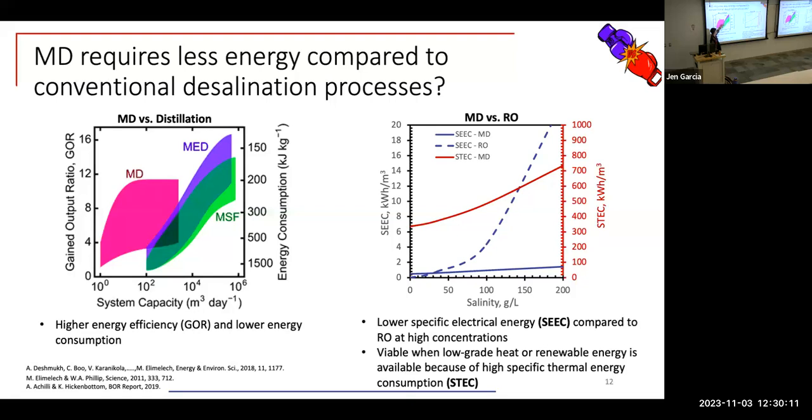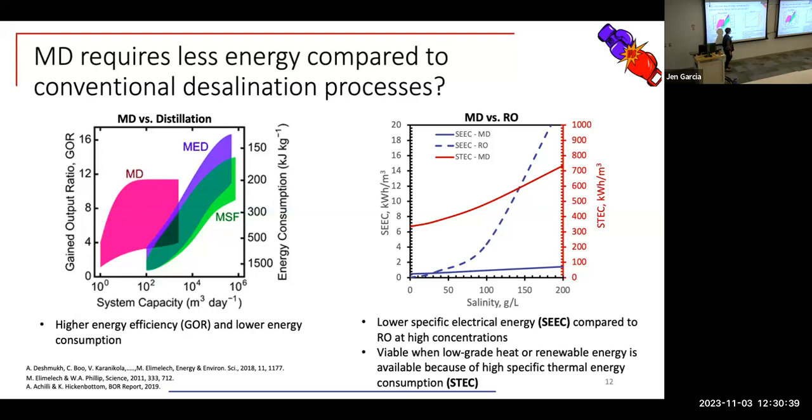So this system wouldn't really be applicable for large scale desalination facilities like seawater desalination, but it is really good for any sort of process waste that is highly concentrated, or any other concentrate streams, even naturally occurring ones, say from the Great Salt Lake. And we can see that it outperforms these conventional processes in terms of energy consumption.